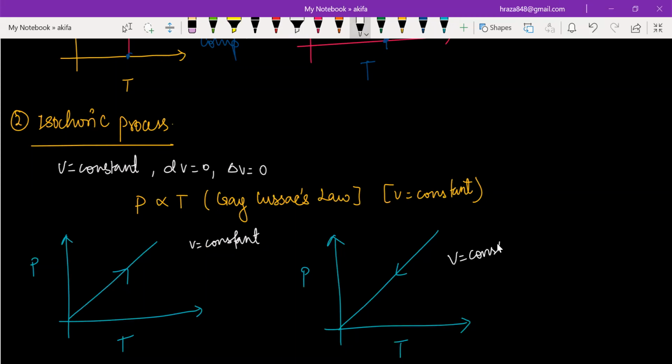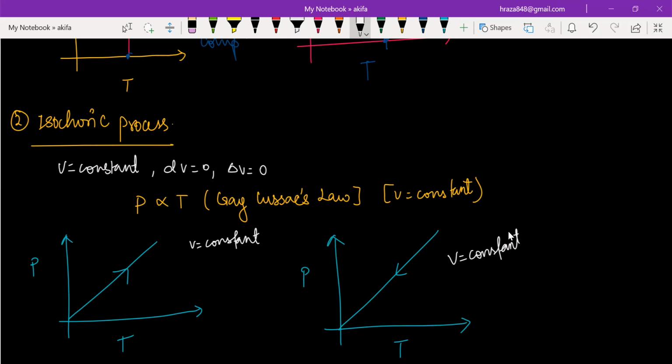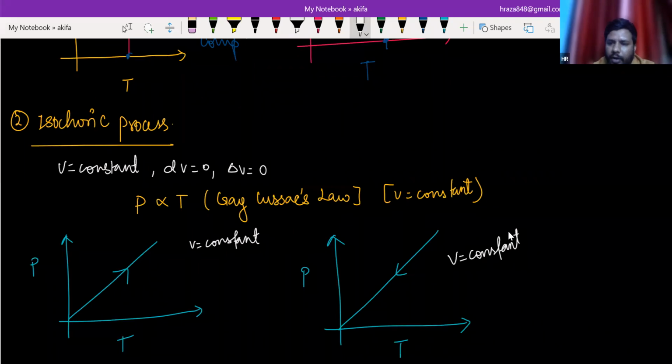Now, will there be any expansion or compression if the volume is constant? No. If volume is constant, it will not increase or decrease. So in this type of situation, we deal with heating or cooling.